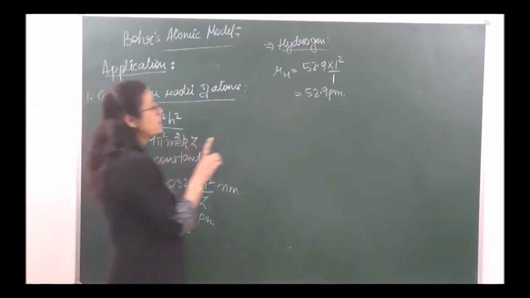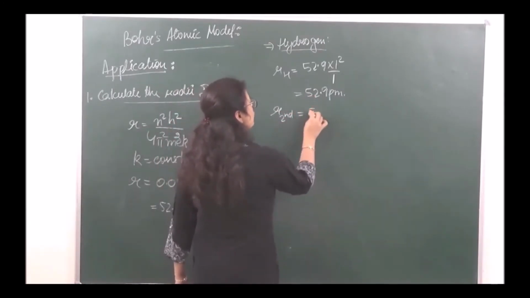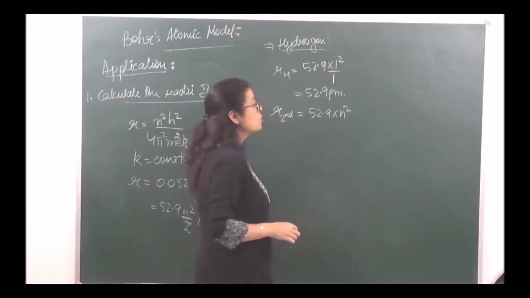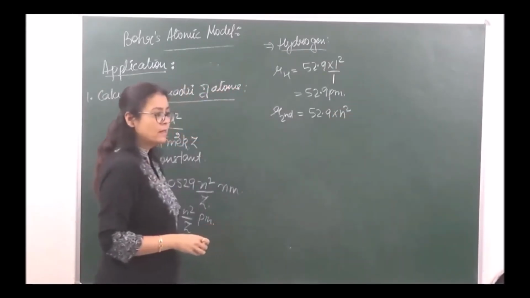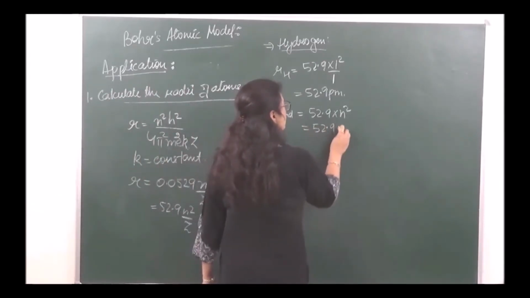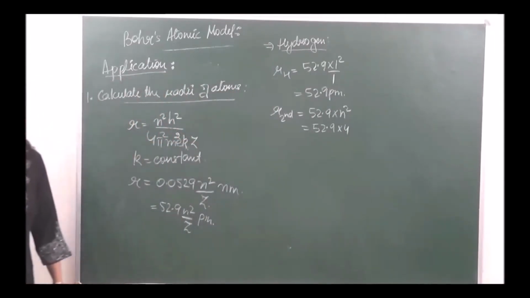And if we wanted to calculate the radius of the second orbit for hydrogen, that is going to be equal to 52.9 into n square, because Z is always going to be equal to 1. For the second orbit it will be 52.9 into 4, since 2 square is equal to 4.